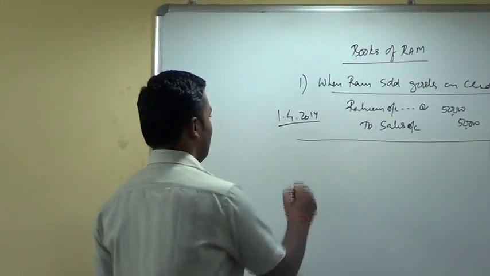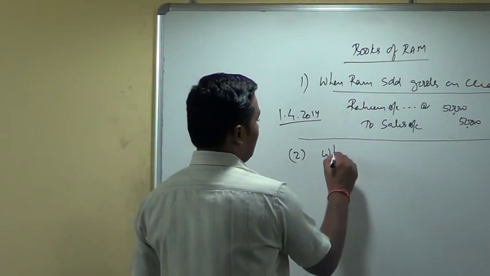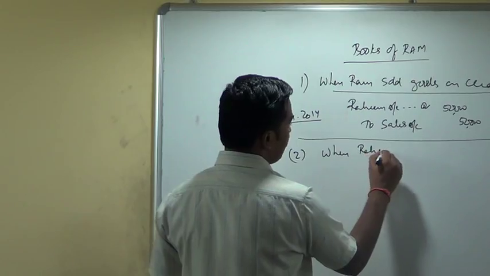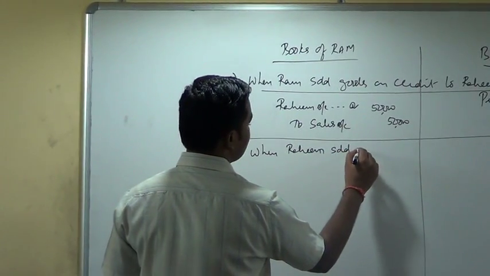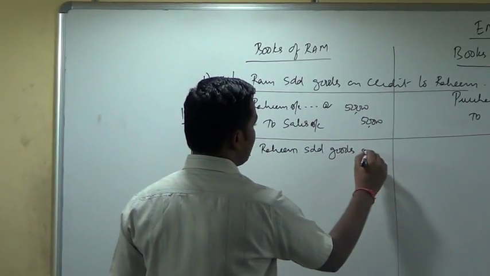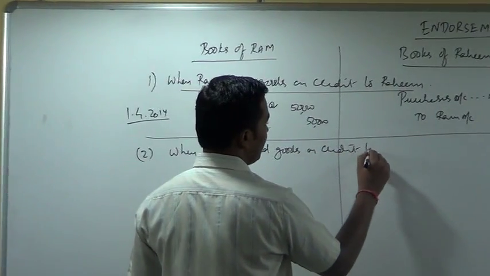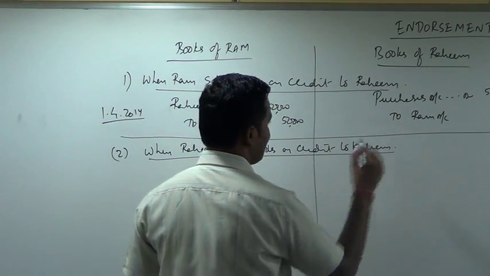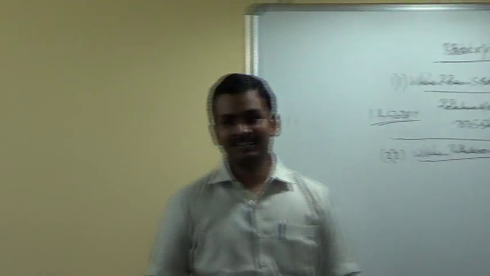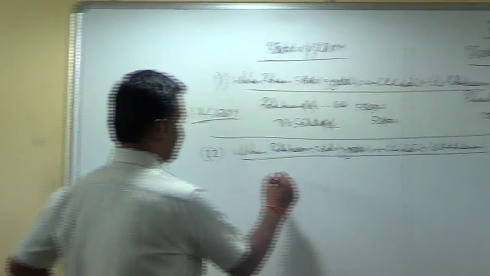Next, when Rahim sold goods on credit to Karim. Now Rahim is selling goods on credit to Karim. What is the entry in the books of Ram?